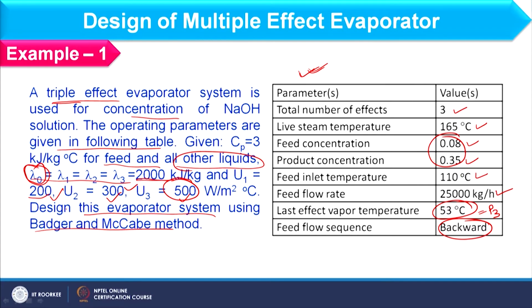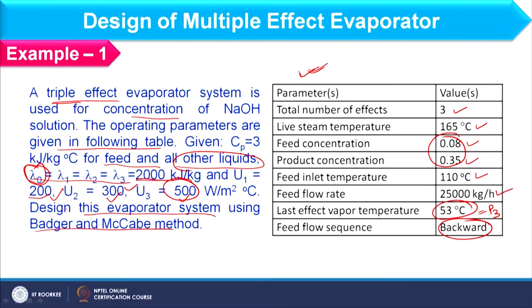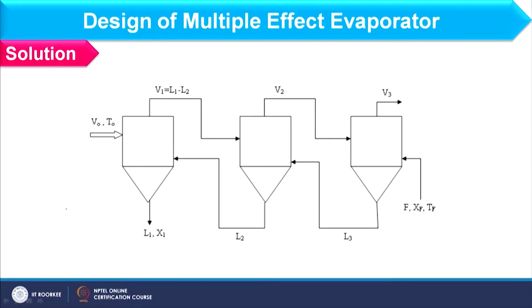So, whatever liquid is entering into the second effect has a lower flow rate as compared to the feed, right, and so is the case for the first effect. In this way U1, U2, U3 will vary as per the sequence. If we focus on forward sequence, then U1 will be maximum for the first effect and keep on decreasing till the last effect. Okay. So, let us start the solution of this example.